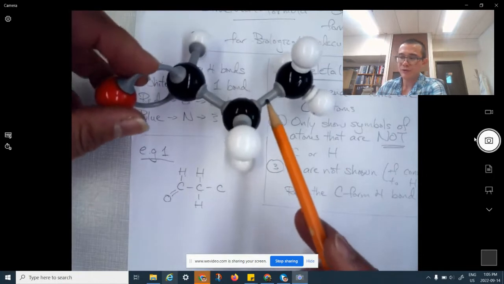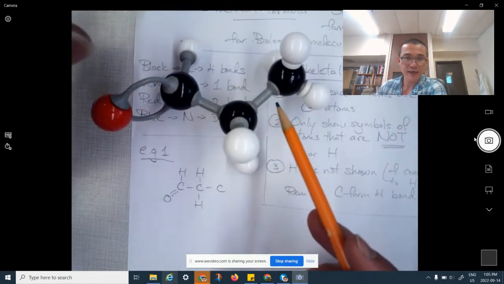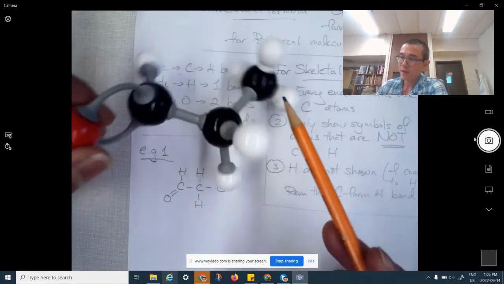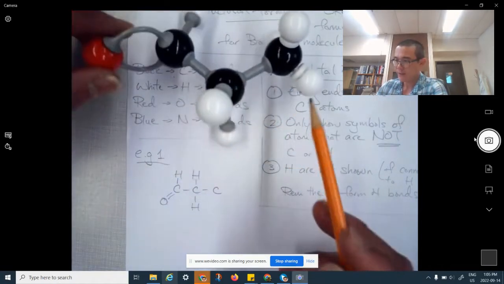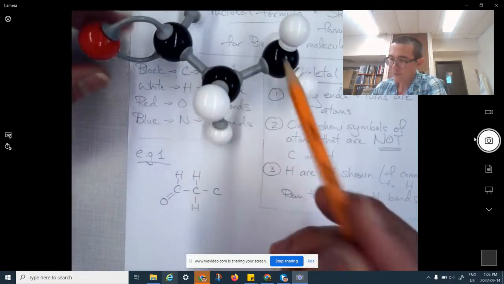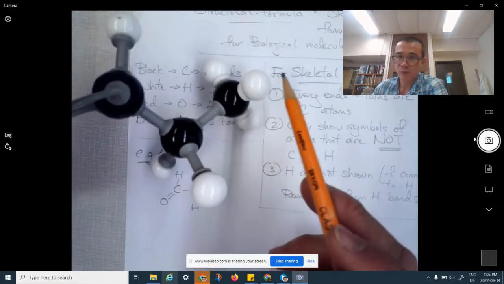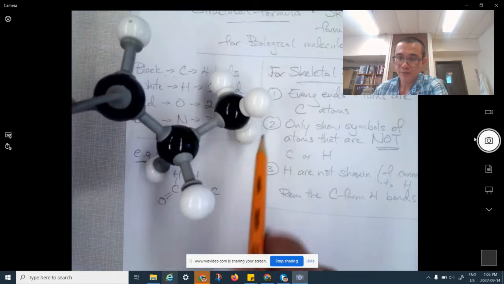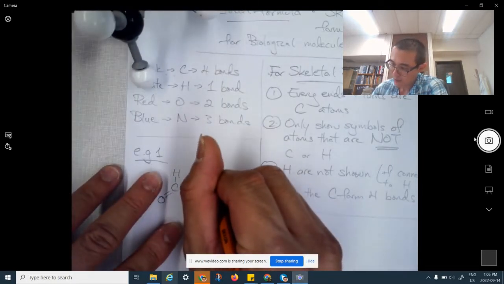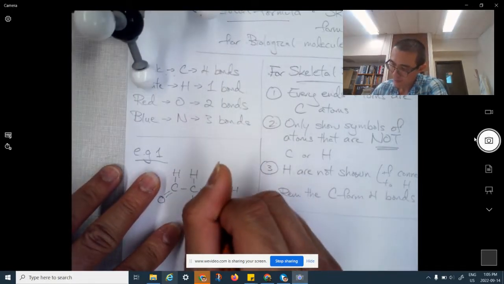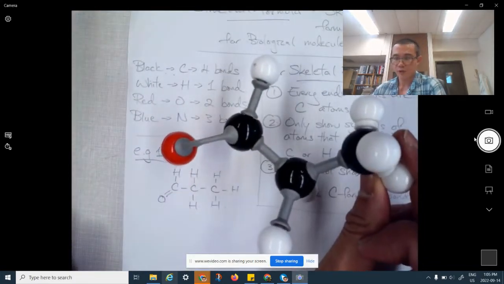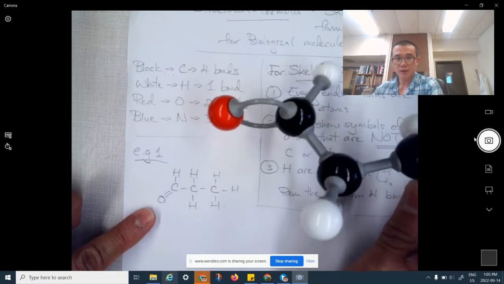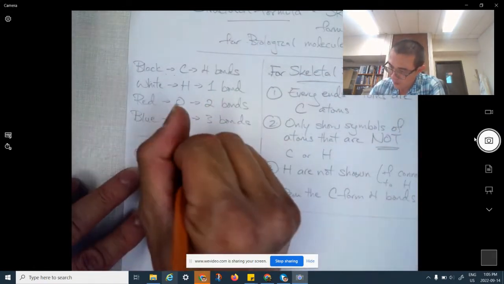Now I know we're not using these gray color connectors, but these are also symbolizing single bonds. So I have this last carbon here, 1, 2, and 3. So I have 3 carbons. This is how this structure would look when it's drawn as a structural formula.